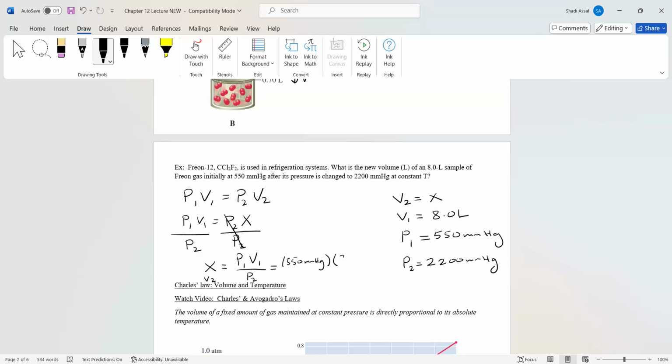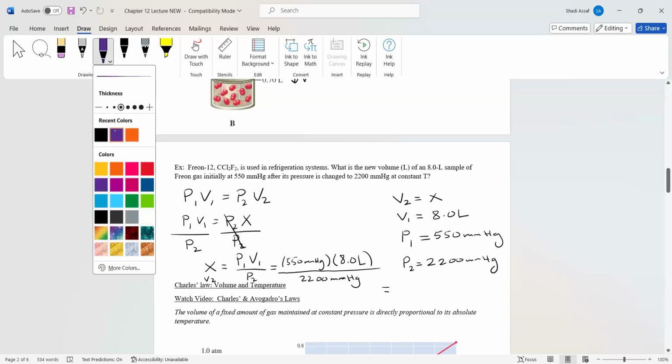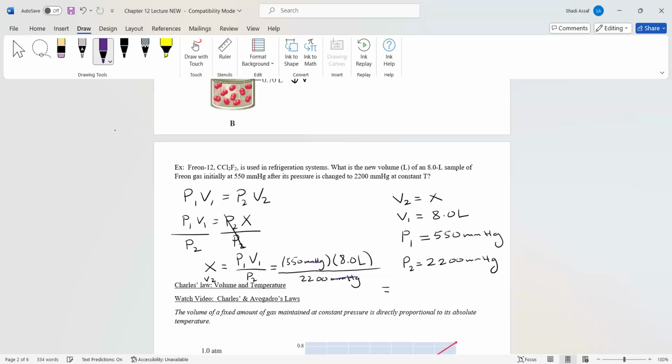Plug in V1, which is 8 liters. And plug in P2, which is 2,200 millimeters of mercury. In terms of units, let's cancel out units. So the millimeters of Hg cancel out.